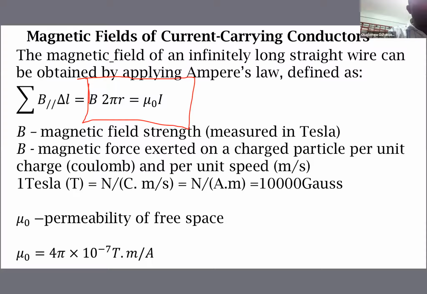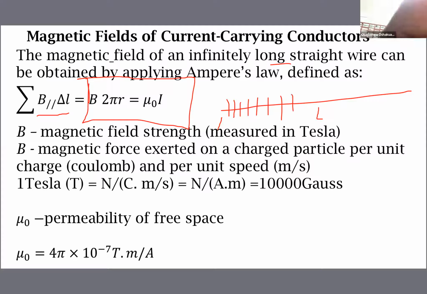This expression is telling us that when we are talking about an infinitely long straight wire, we have to cut the wire. Let's say the wire is of length L. We have to cut the wire into small fragments.